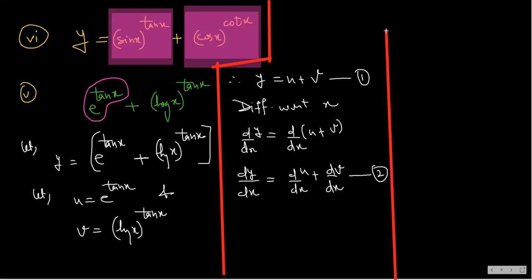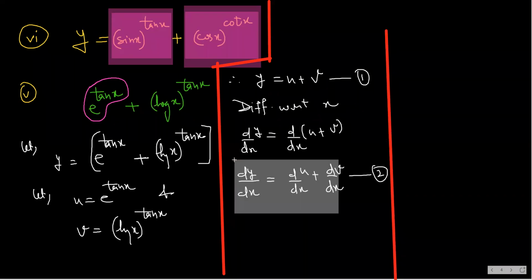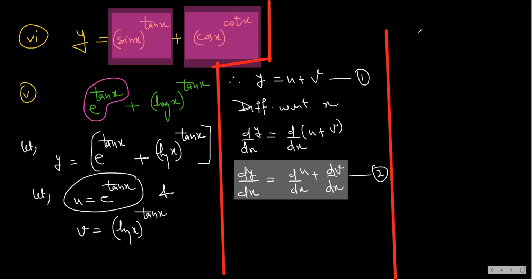So now what do I get next? Once I understand that dy by dx will be this, now it's all very simple. I will write let u. So I write here, consider, now I'll go for the first one, du by dx.